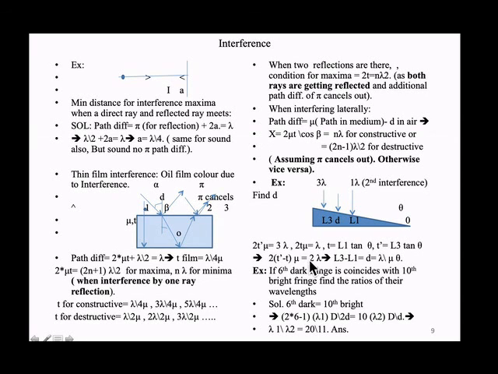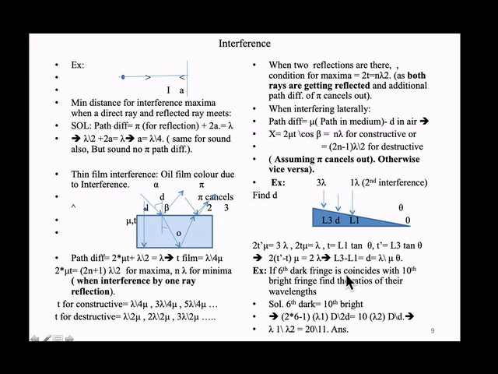So when I subtract, L3 minus L1 is equal to D, the distance. When I substitute, 3λ minus λ, 2λ, it is λ by μ tan θ. So I am getting this distance D. Okay, I will go further.